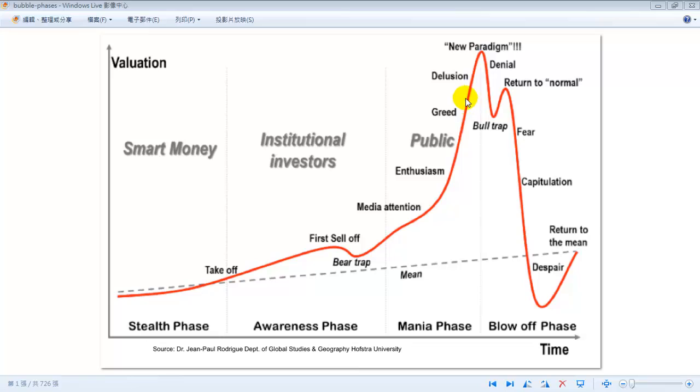Now, that delusion sentiment brings you to such a high price that once you step back and look at the fundamentals, it doesn't make any sense. In the dot-com bubble in 2000, we saw this through the stock of Cisco.